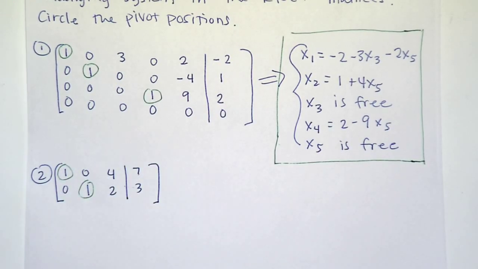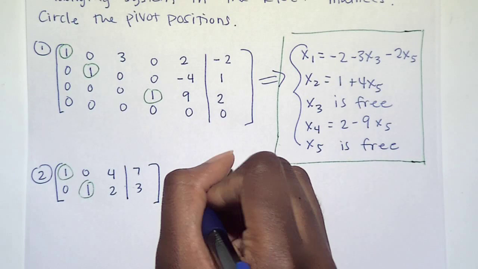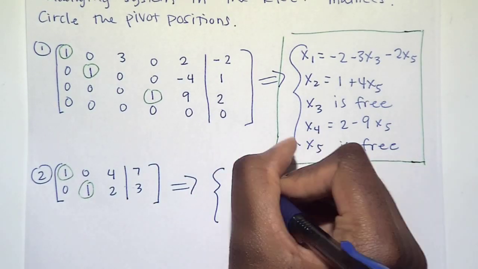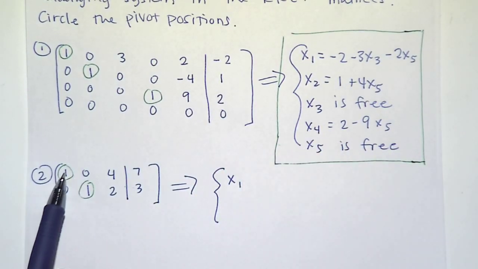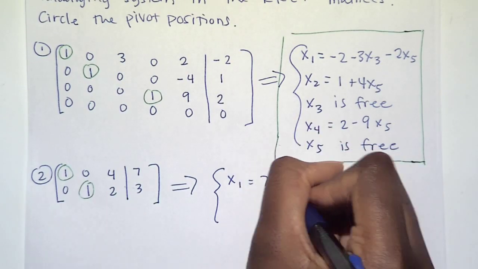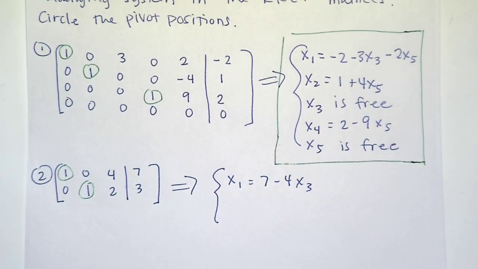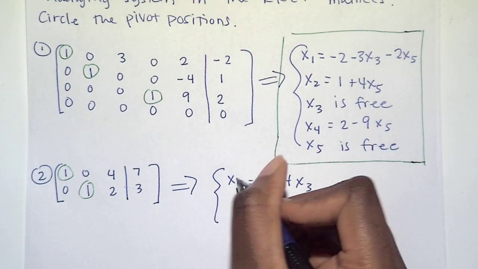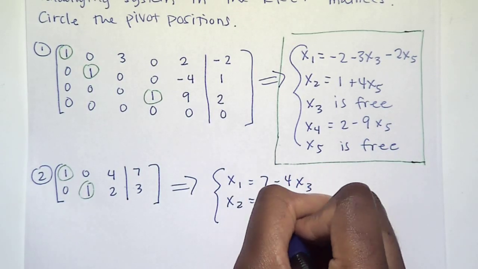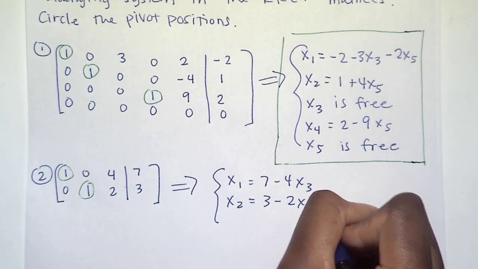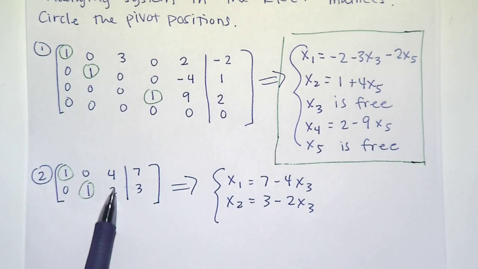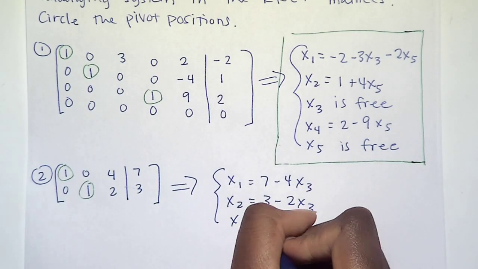So I have 2 pivot positions, but I have an extra column, so I know I'm going to have a free variable here. So when I solve, I get x1 equals 7 minus 4x3, x2, so second column, x2 equals 3 minus 2x3, and then x3, there's no pivot, so x3 is free.